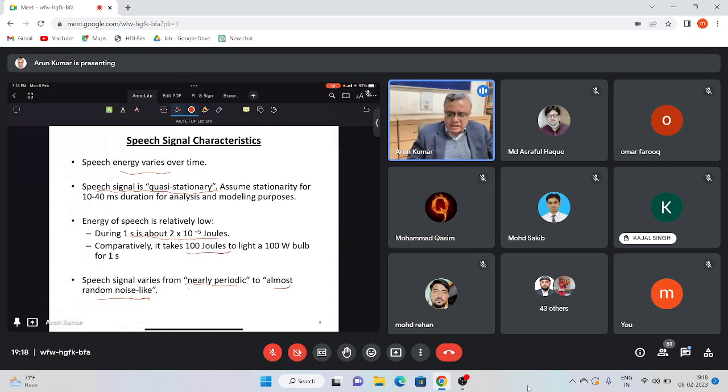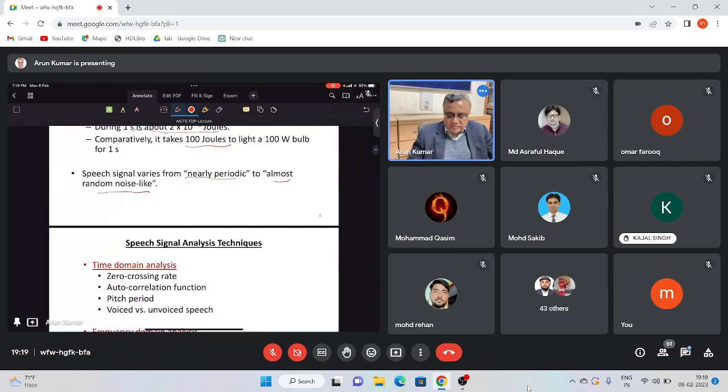So you can see the enormous difference in the energy level of the speech signal compared to light-related signals. So it is because of this variation in the temporal characteristic of the speech signal that it is important to understand this and to be able to build applications most efficiently.